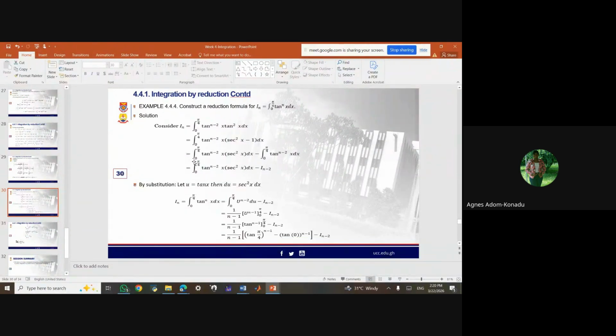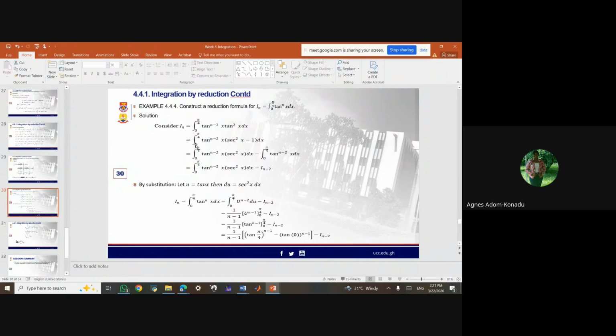So this is integrating from 0 to pi on 4 of tan. So I'm expanding this. When I expand, tan to the power n minus 2 will multiply sec squared, then it will multiply the negative 1.